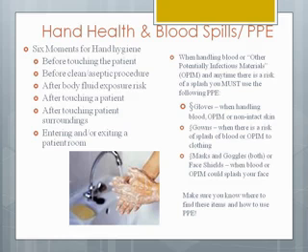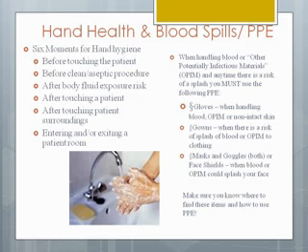When handling blood or other potentially infectious materials, and any time there is a risk of a splash, you must use the following personal protective equipment. Gloves when handling blood or other potentially infectious materials or non-intact skin.